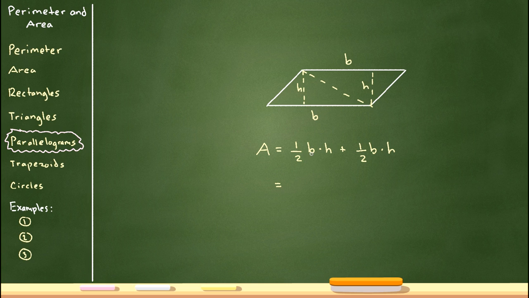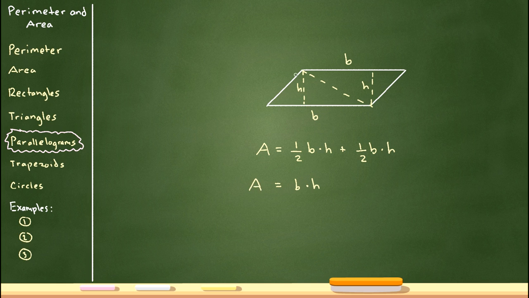So when we add half base times height plus half base times height, we get just base times height, because 1/2 plus 1/2 is 1.